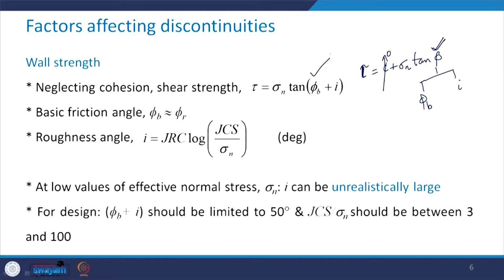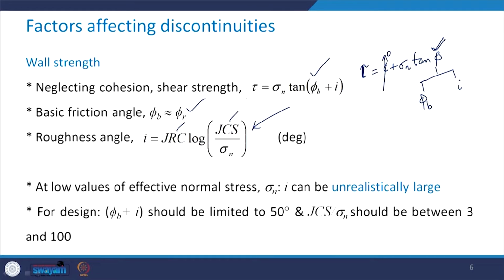Now, basic friction angle can be approximately taken as equal to the residual friction angle, and the roughness angle can be defined in degrees using this expression, where JRC and JCS represent the characteristics of the rock.